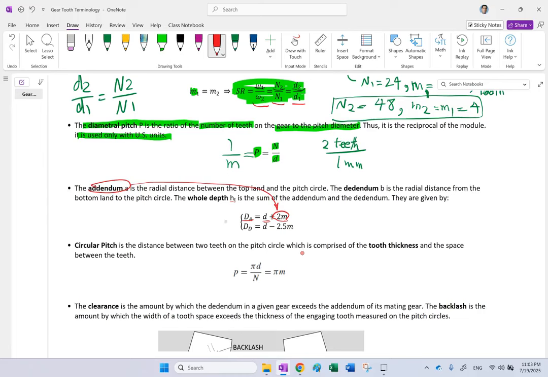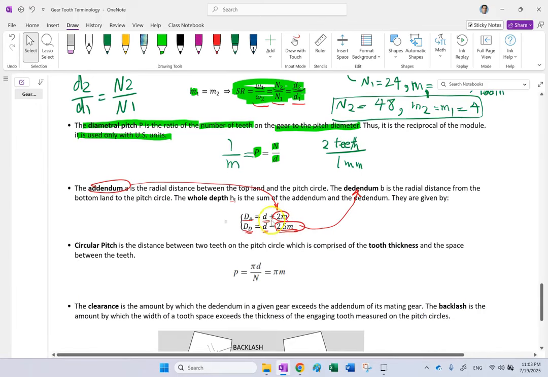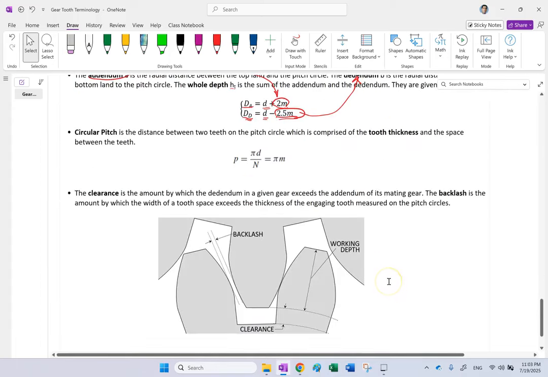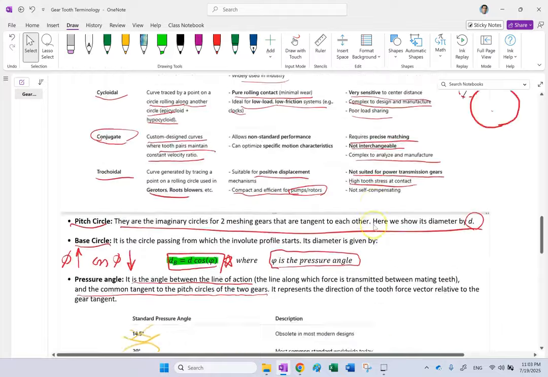On the other hand, diameter of dedendum circle is D minus 2.5m. So 2.5m is the dedendum. Okay, so here you have the formulas for the diameter of those two circles. Okay, only a few parameters left and we should be done.